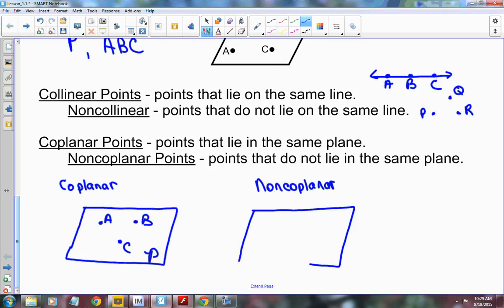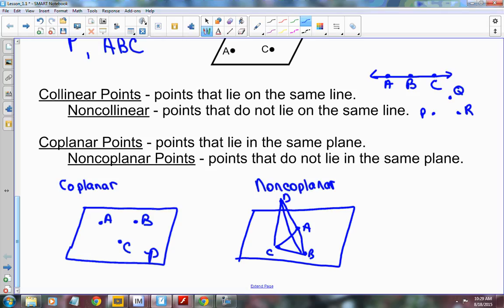Now, there's a disclaimer on my art. I'm horrible. Okay, so this is A, B, and C. Those are coplanar. But let's say we made this into a pyramid. Okay?